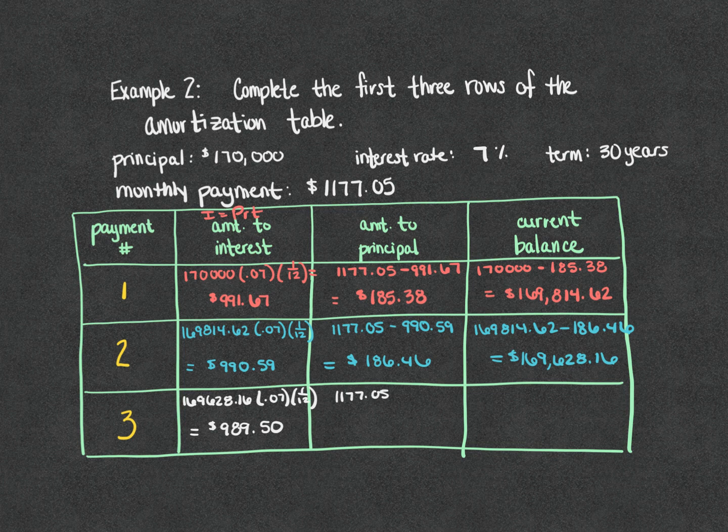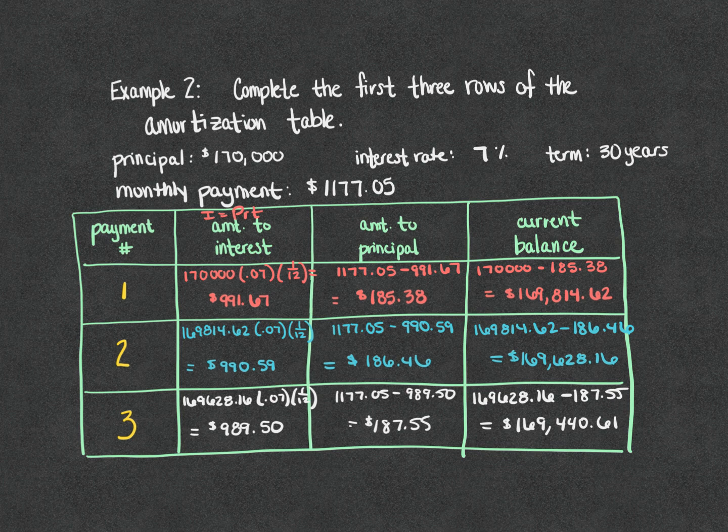Taking that monthly payment and subtracting the portion that goes to interest, we discover that $187.55 goes to pay down the balance of our loan, and then subtracting that from the previous month's balance, after 3 months the balance on our loan is $169,440.61.